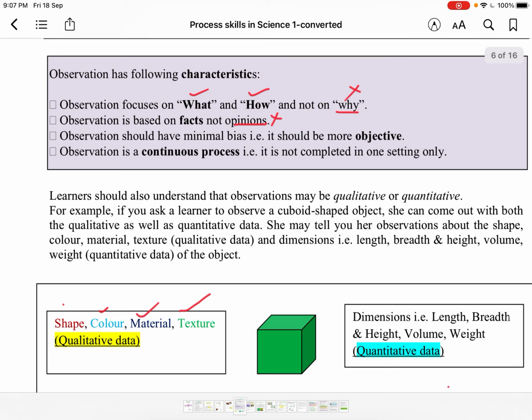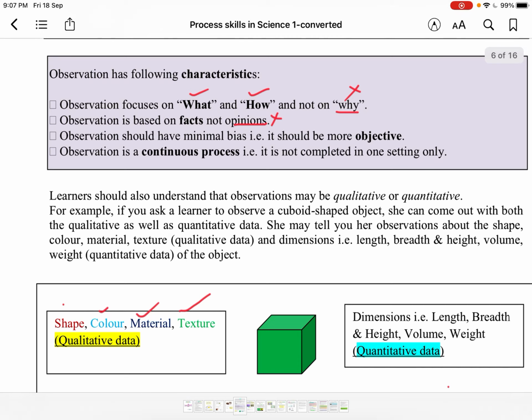That student may collect information about that cuboid shaped object in terms of its shape. How does it look? What is the color? What material is it? What type of texture? If that type of information is collected, that information is called qualitative data.